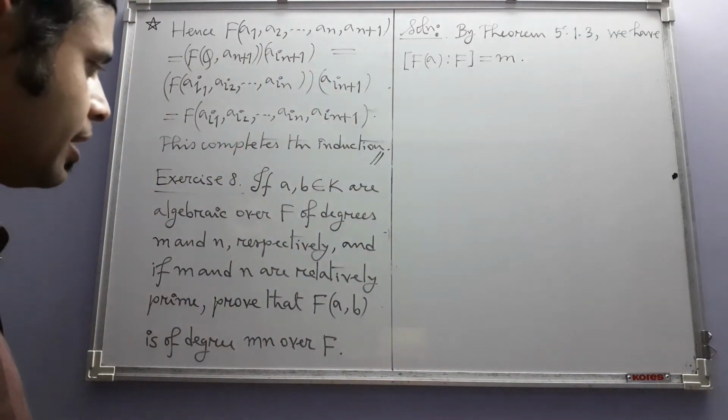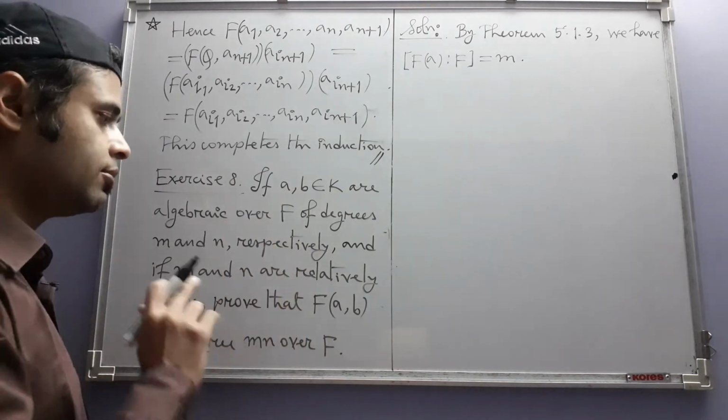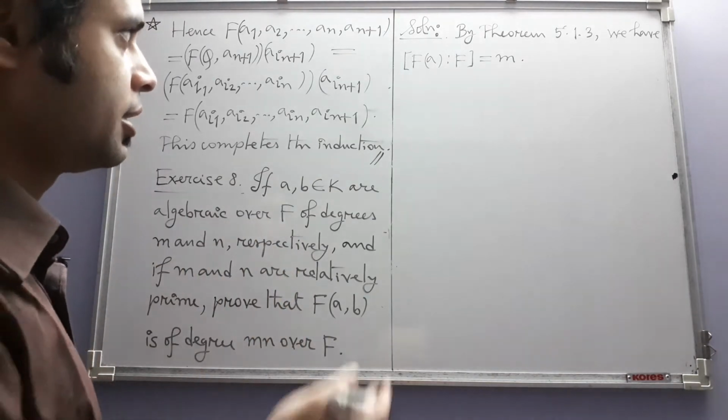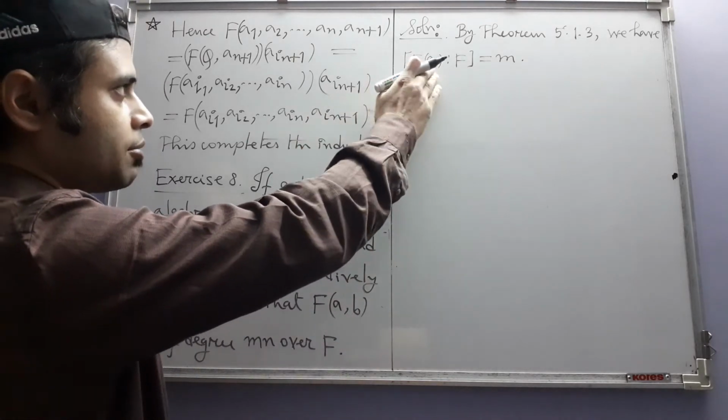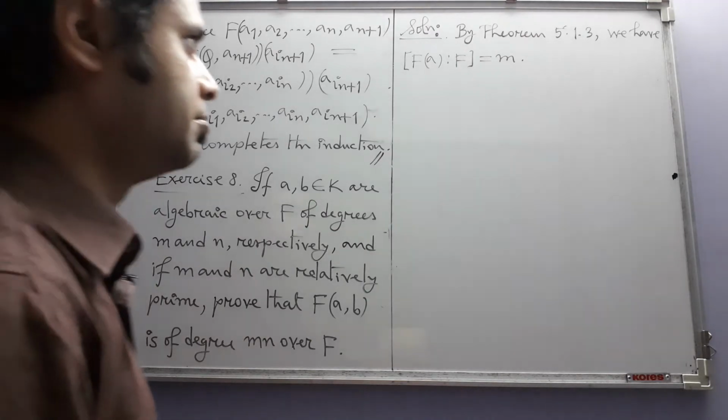In fact, that's what an element having degree m over F means: the degree of the extension obtained by adjoining a to F over F is equal to m.